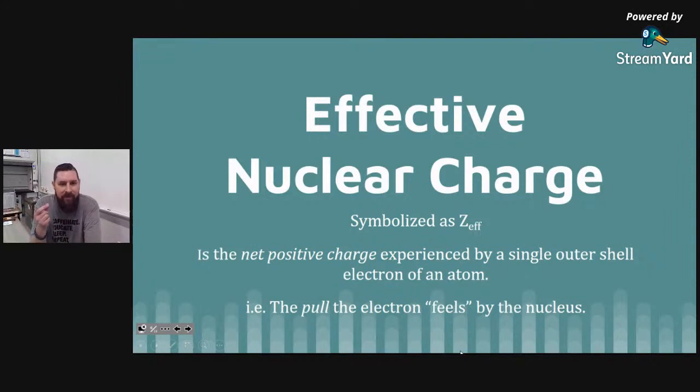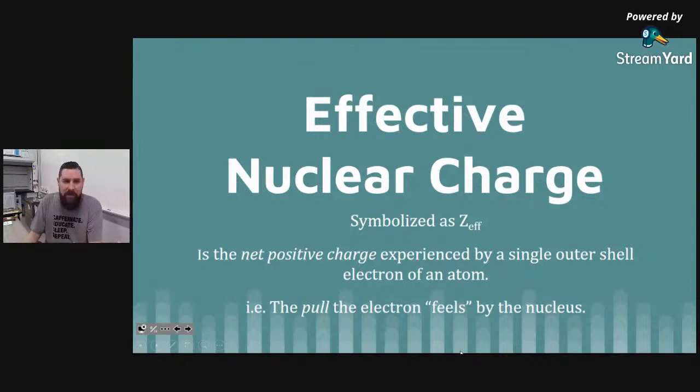And this is symbolized as Z sub EFF, often referred to as ZEF, and it's the net positive charge experienced by a single outer shell electron of an atom. Easier way to think about this is it's simply the pull that the electron feels due to that nucleus, that positive charge, because positive and negatives are going to attract each other.